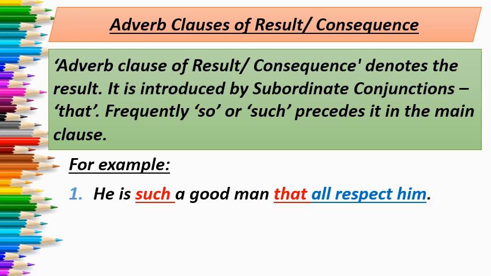So what is the adjective in the main clause? Good. Why is it an adjective? Because it is modifying the noun man here. And whatever answer you get by asking a question of the adjective in the main clause, that clause will be considered an adverb clause of result.